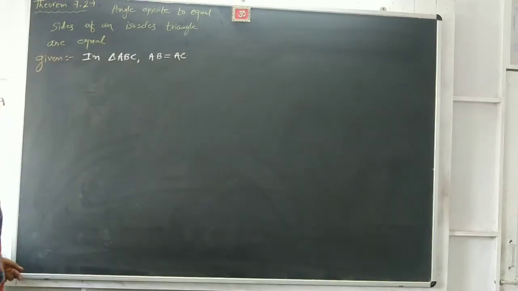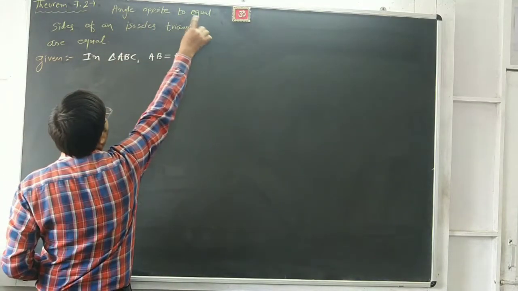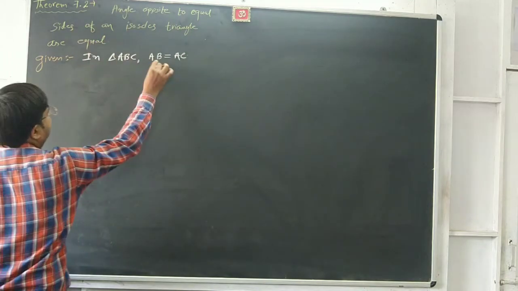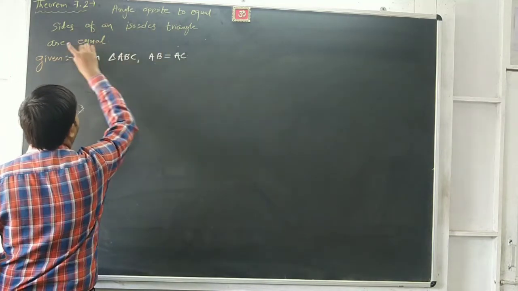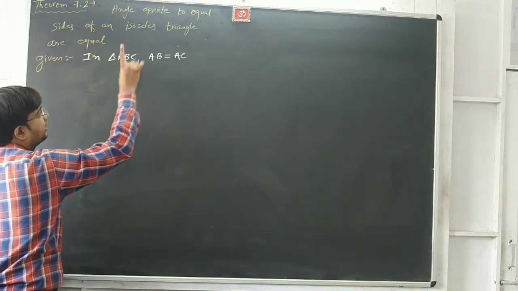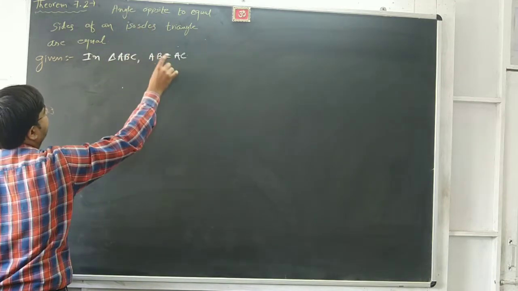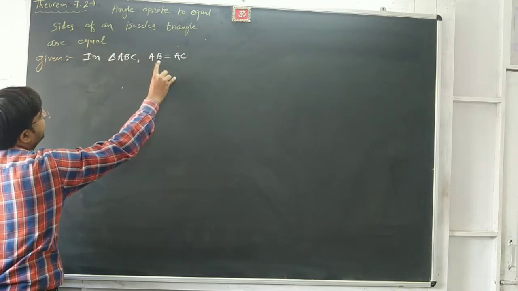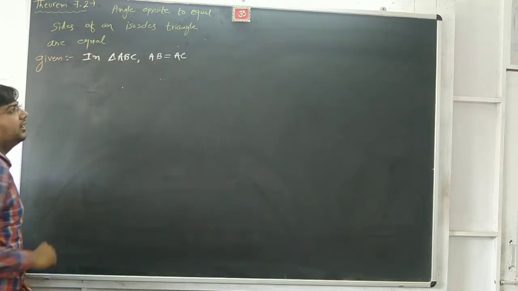Why? The angles opposite to equal sides of an isosceles triangle are equal. So this is the isosceles triangle ABC, and two sides are equal: AB is equal to AC.